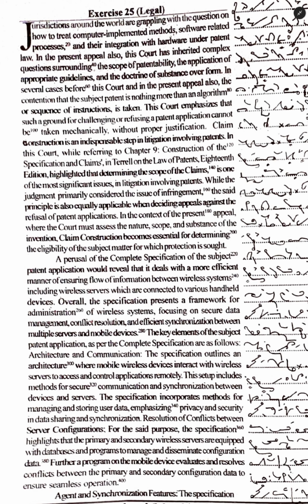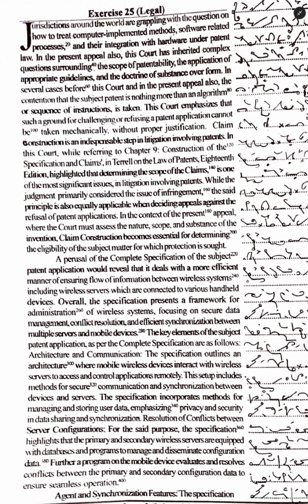The key elements of the subject patent application as per the complete specification are as follows. Architecture and communication. The specification outlines an architecture where mobile wireless devices interact with wireless servers to access and control applications remotely.